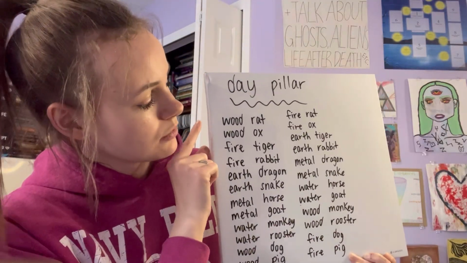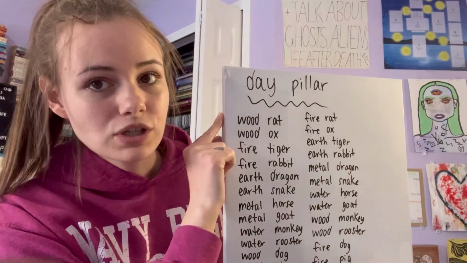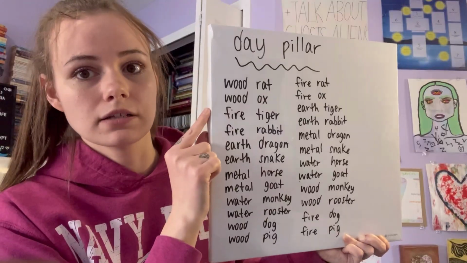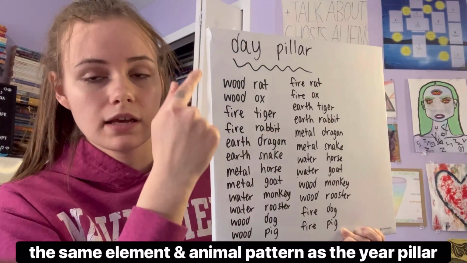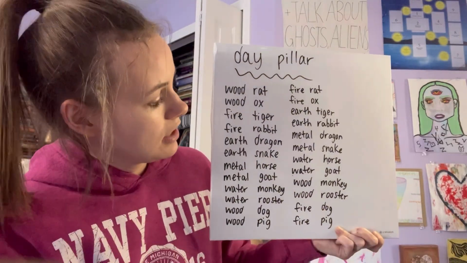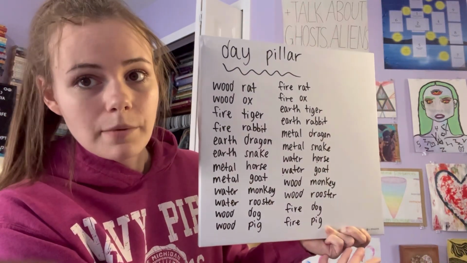So it's wood, wood, then fire, fire, then earth, earth. So the combinations would be, one day would be a wood rat, the next day wood ox, the next day fire tiger, the next day fire rabbit. As you can see, the animal signs are shifting, the elements are waiting another day, then shifting. So this just goes on and on and on for all the different combinations.